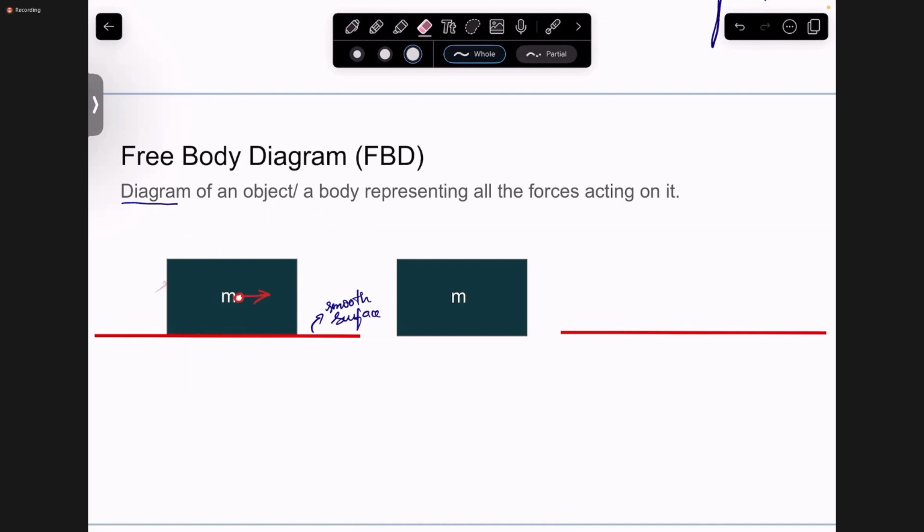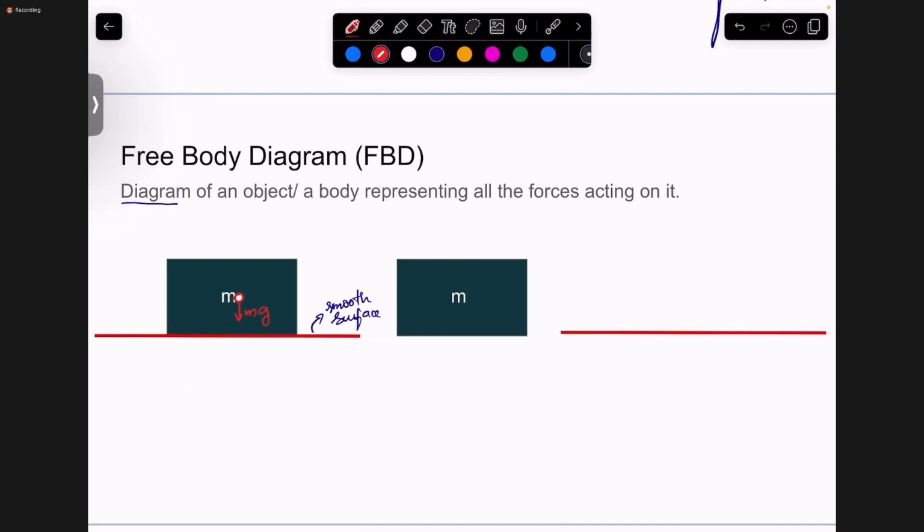This is not that important at this point of time. Just imagine that this is a geometric center, and you are considering a force mg that is acting on this body. mg is a force, as you have learned in the previous lecture.